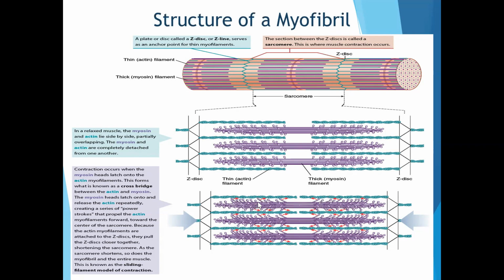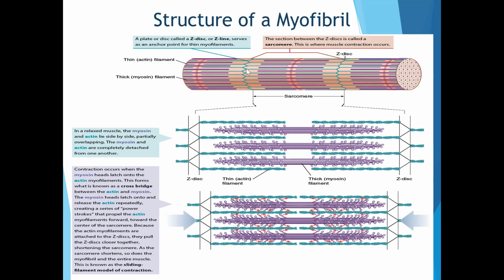So like I said, just to highlight again, this bridge itself, or this bond, is the cross bridge. And then when it makes its pull, that's known as a power stroke. So to go back up to the bigger picture here, I didn't go through these specifically.